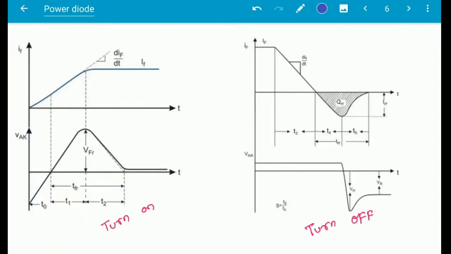Next is the transient characteristic, or turn on and turn off characteristic. This is the turn on characteristic.